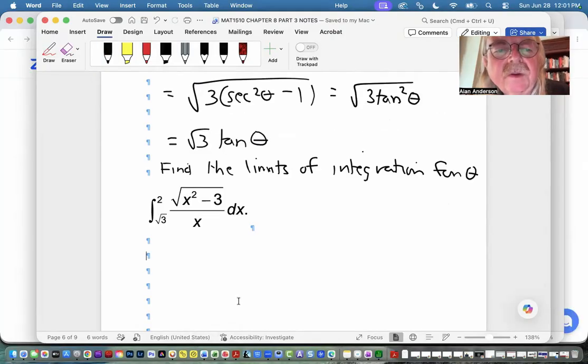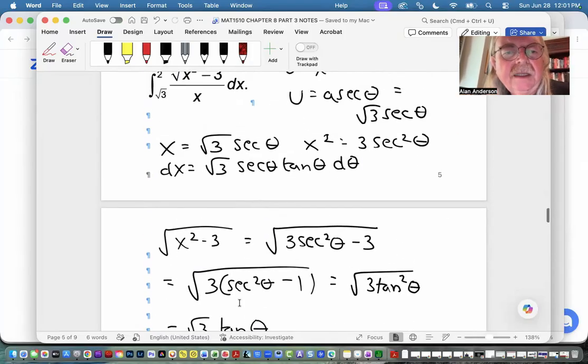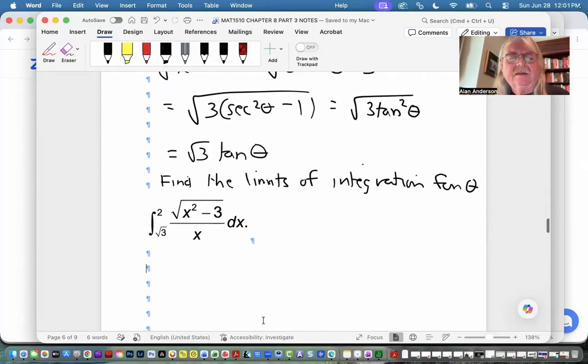So we remember that x is defined as radical 3 secant theta.